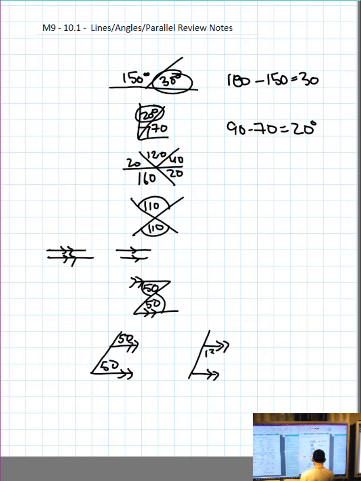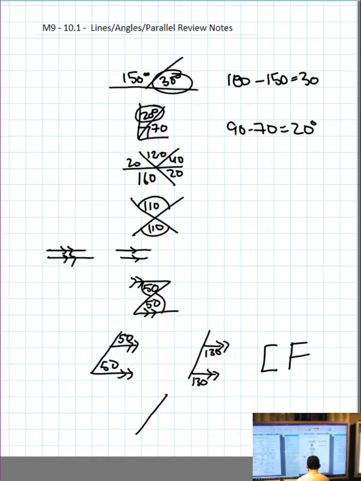If this is 130, this is 130. You've got parallel lines, they look the same, they are the same. I call that letter a C. Some people call it an F, etc. All the same. So that's corresponding angles are equal.